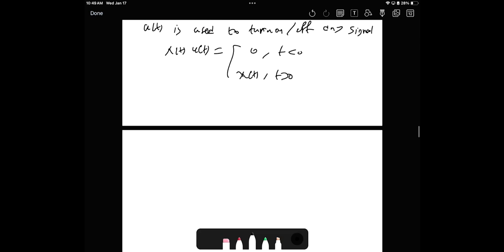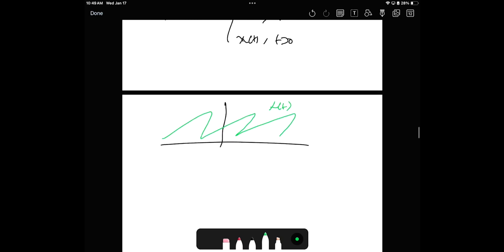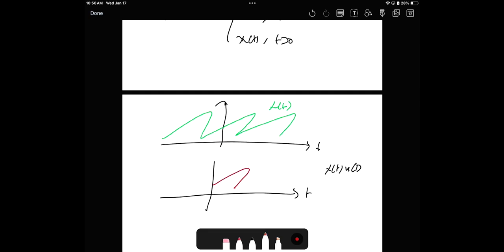So let's assume we have the following signal of x of t. Now, if I need to plot x of t times u of t, then we only worry about what's happening when t is larger than 0. The rest will cancel each other.